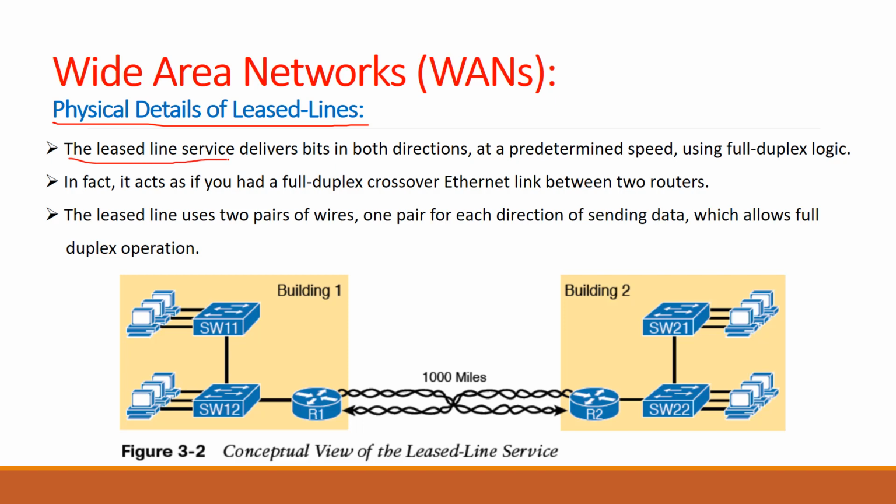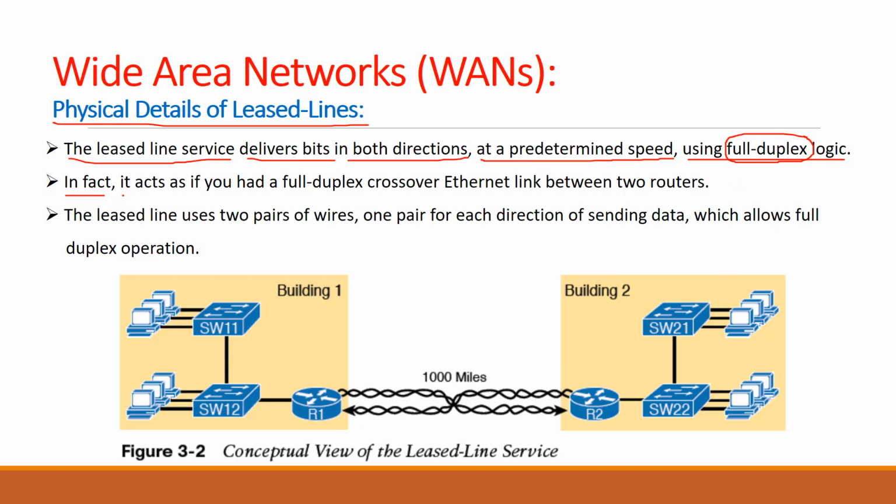The leased line service delivers bits in both directions, transmitting and receiving at a predetermined speed using full duplex logic. And we discussed and defined what full duplex is in Chapter 2: to send and receive simultaneously.